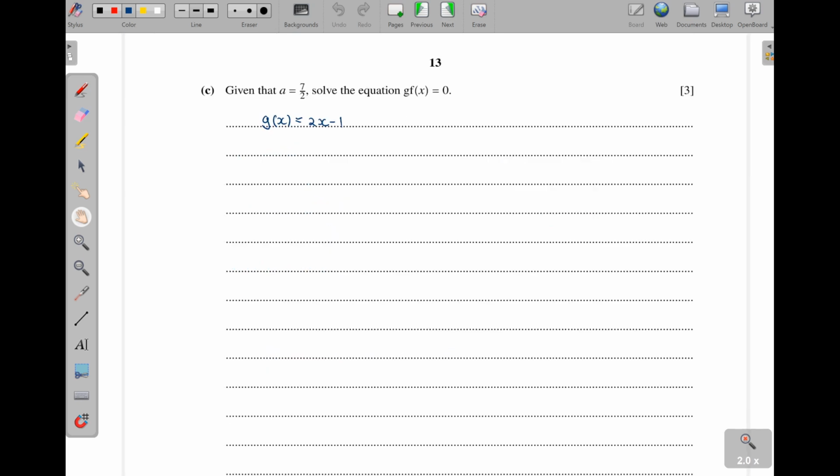So wherever there is a, we substitute with 7 over 2. So that is x plus 7 over 2 squared, then minus 7 over 2.